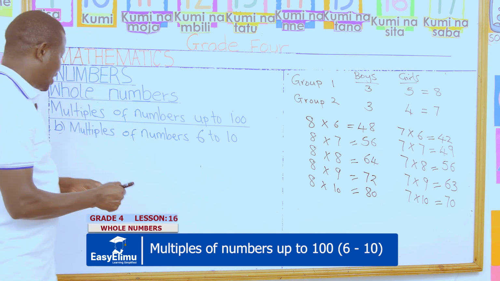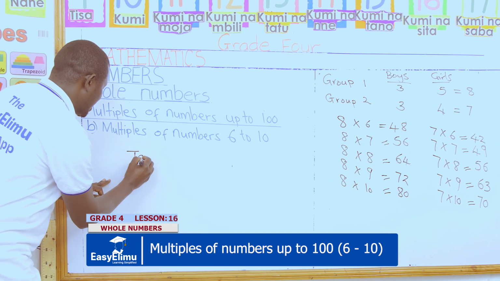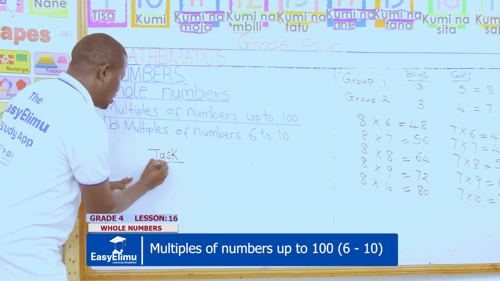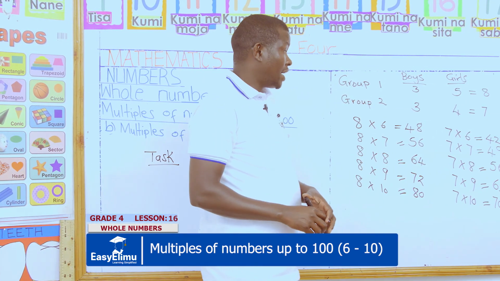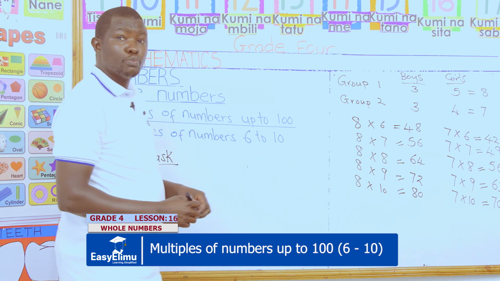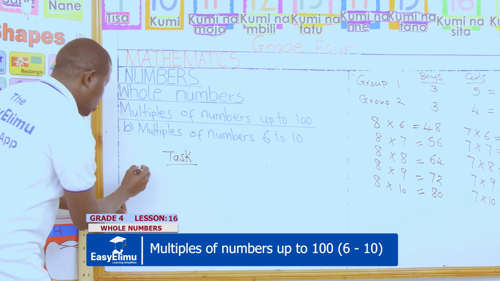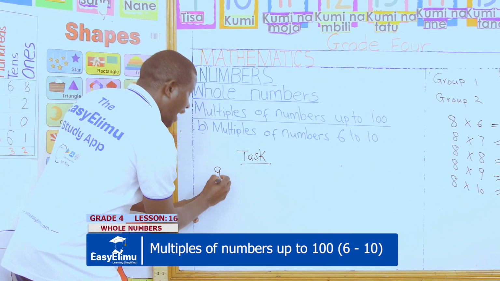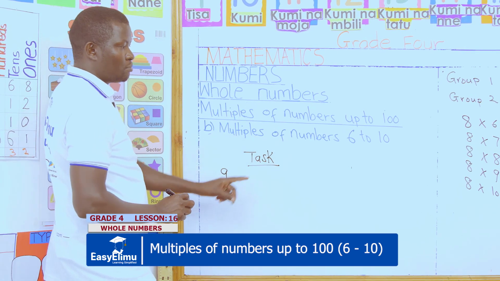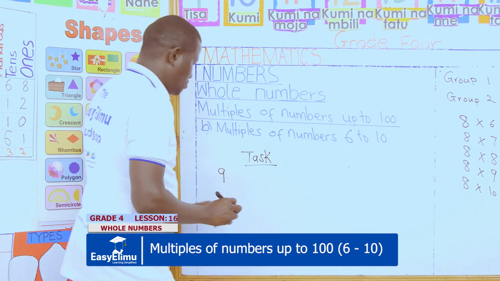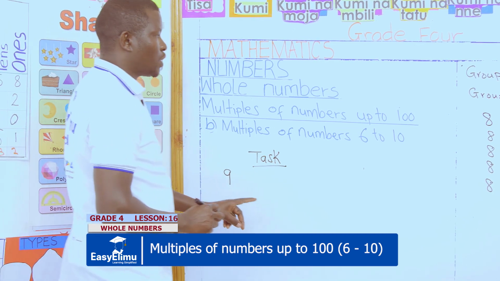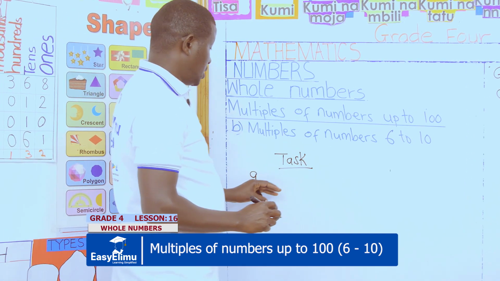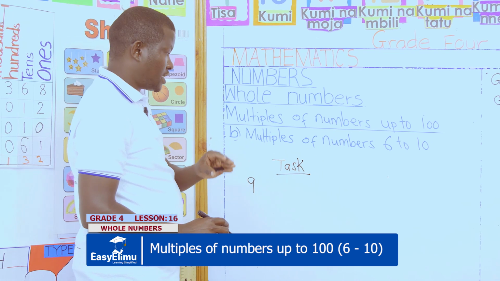So, for our lesson for today, I have a task that I would want us to accomplish. What are the multiples of 9? We have not looked at 9. Remember, we are from 6 to 10. Can you check for multiples of 9? And this 9 now you multiply it with 6, 7, 8, 9, 10.